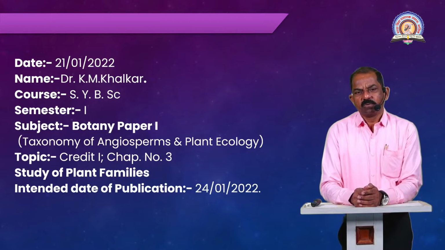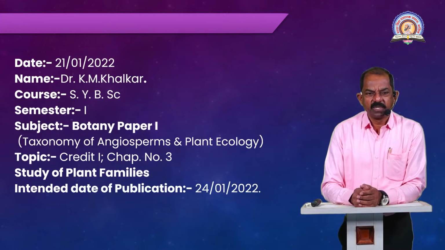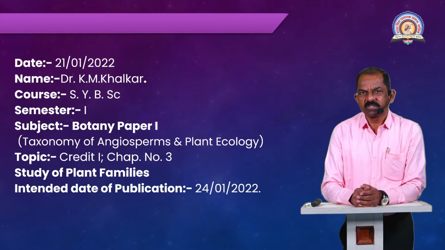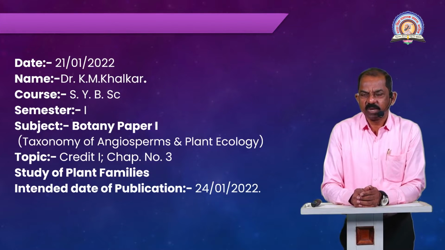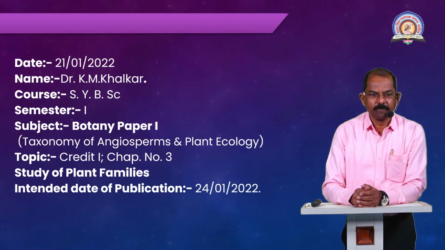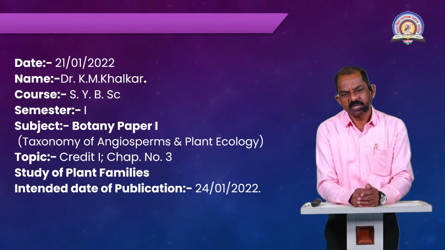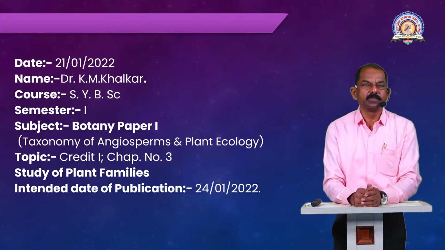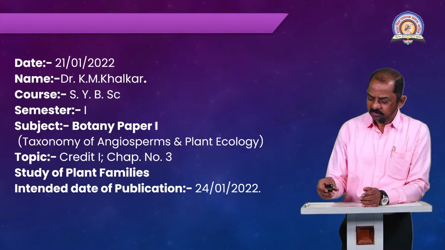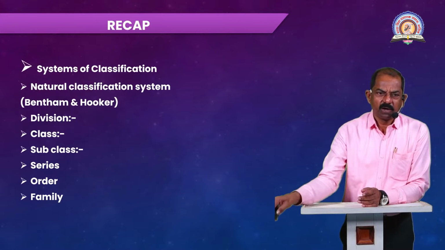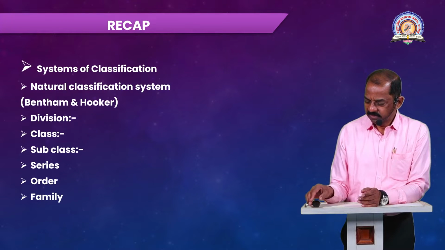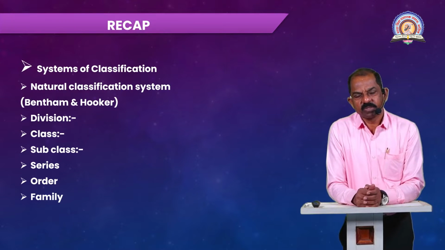Students, today we discuss the botany paper first, taxonomy of angiosperm and plant ecology, from which we start the next chapter, that is the study of plant family. Friends, we all know about angiosperm taxonomy.